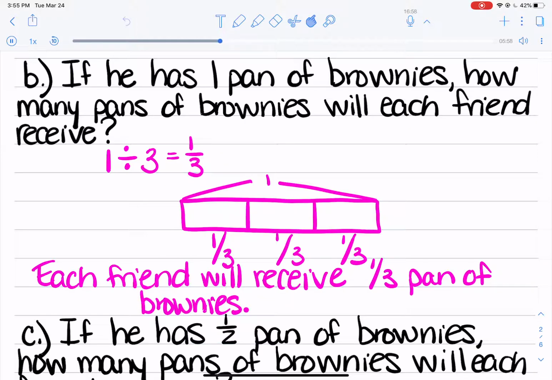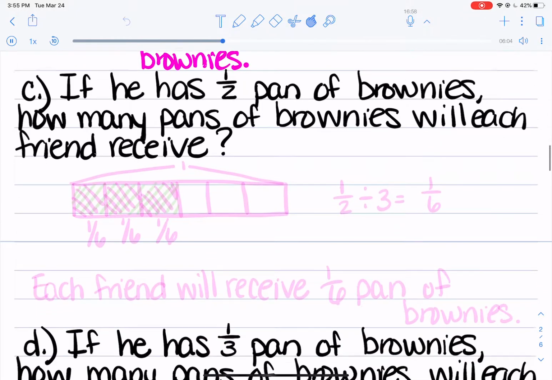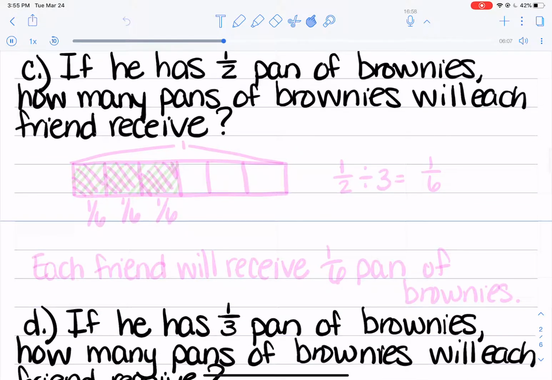All right. Okay, so for this one, it gets a little trickier. So now that he only has a half pan, he still needs to share them with his 3 friends. How many pans will they each receive? So we're going to draw a tape diagram for this. And our tape diagram is going to be actually still of a whole pan.